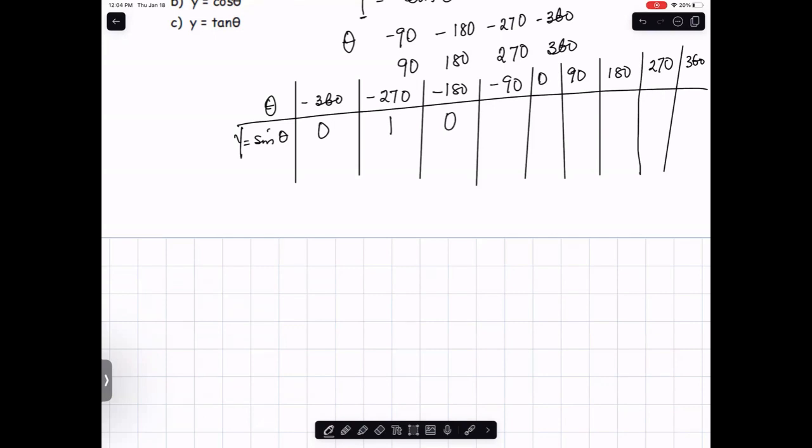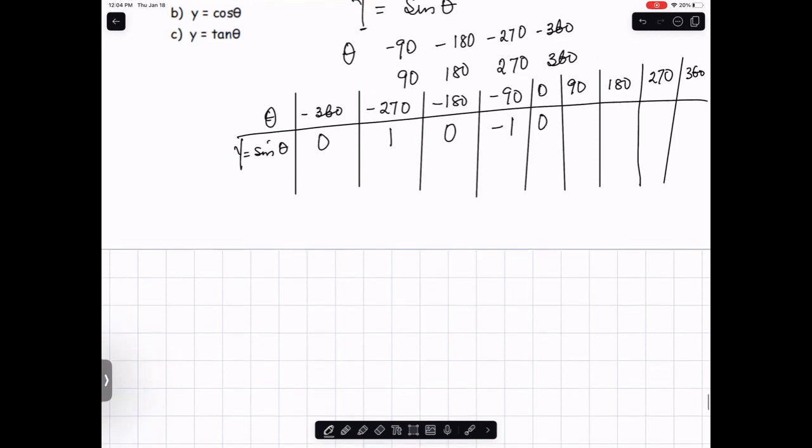And sine negative 90 degrees is negative 1. Then we have sine of 0, which is 0. We have sine 90, which is 1.